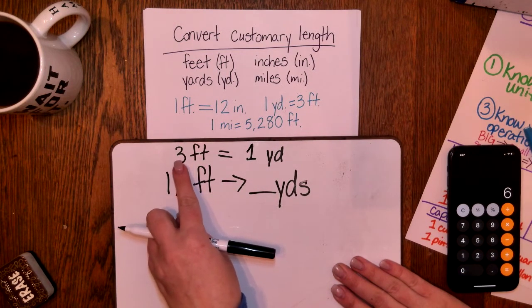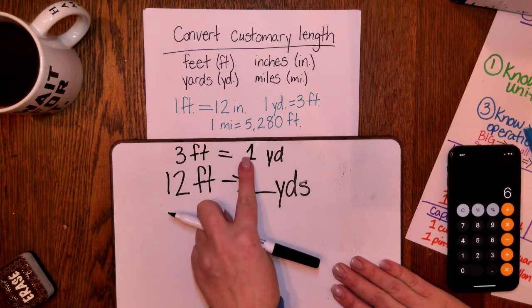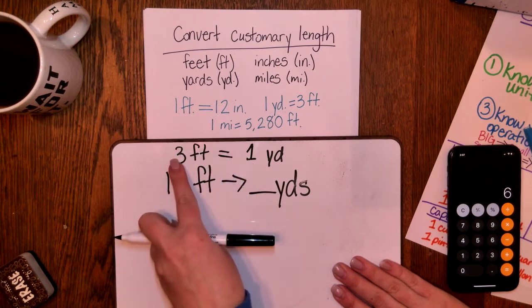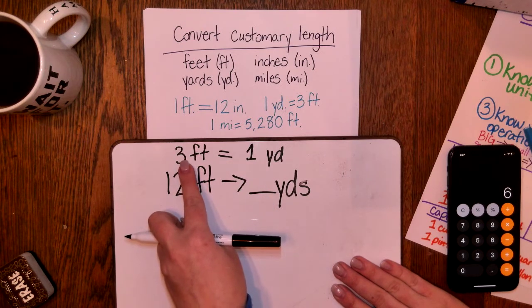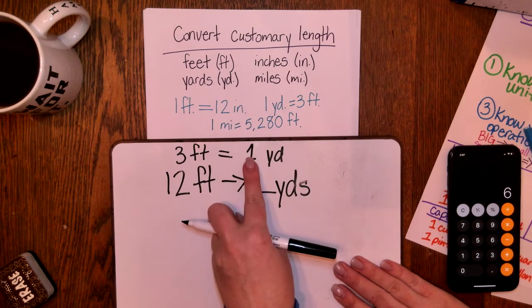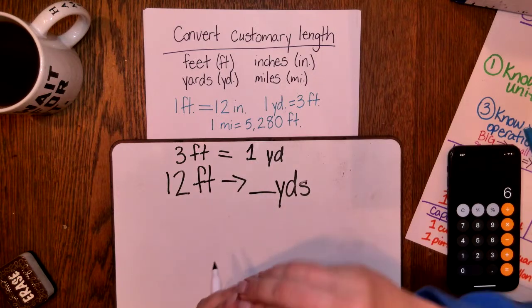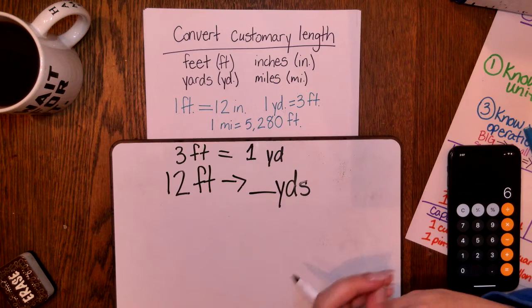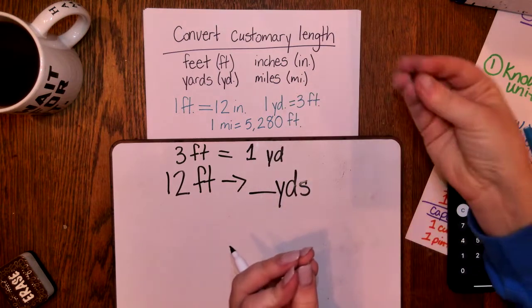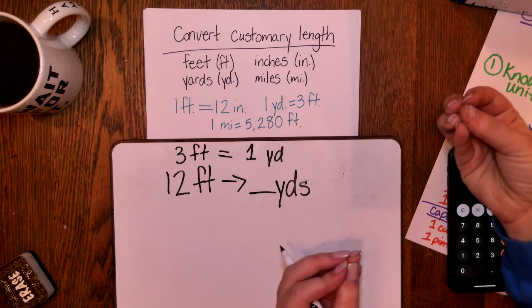If I'm going from 3 to 1, I'm getting smaller. 3 feet are going to go into 1 yard. So I'm breaking it apart into groups of 3. When we break things into groups, we are dividing.